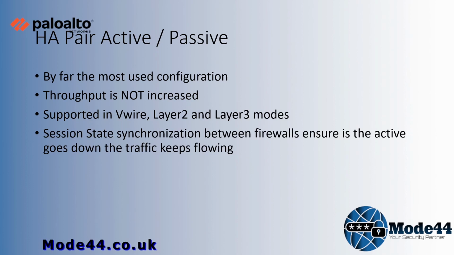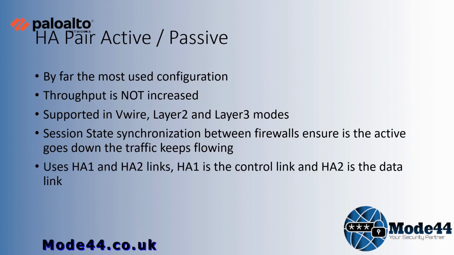The session state between the firewalls ensures that if the active goes down, traffic keeps flowing. So you have HA2, which synchronizes your session state. As a session is started on the active firewall, that connection is mirrored, including the TCP state and the TCP sequence. So should the active firewall fail, the passive can pick it up.